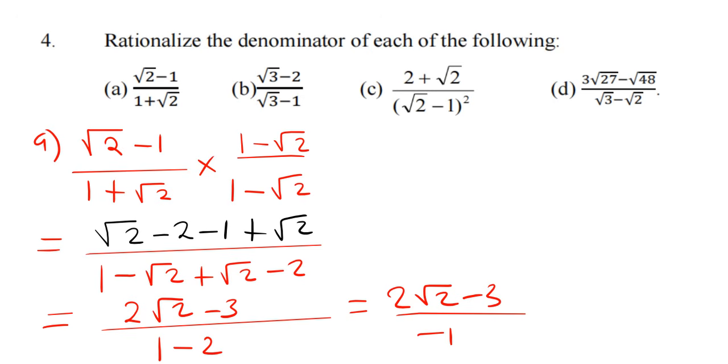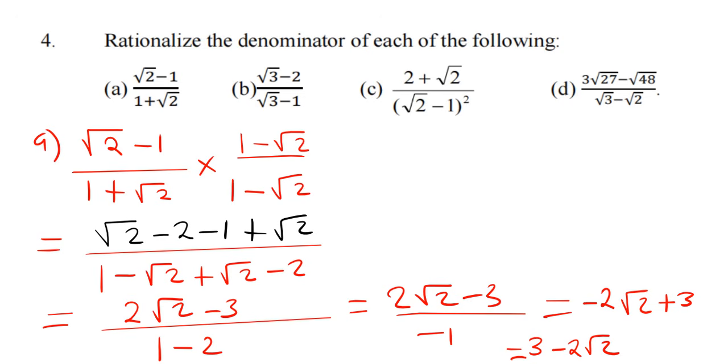So now if I solve the whole expression, it's going to be negative 2 root 2 plus 3. If you want, you can also write it as 3 minus 2 root 2. Basically that is going to be our final answer.